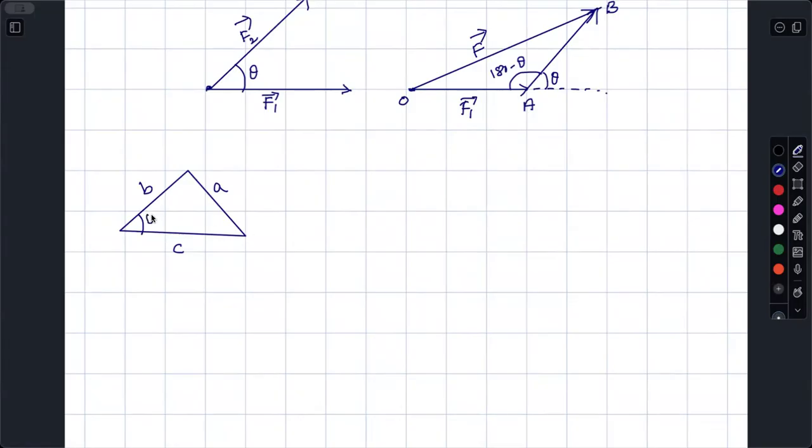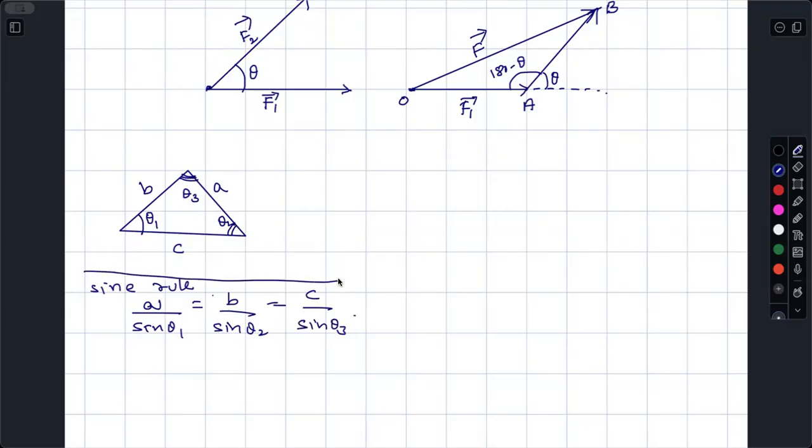A opposite angle is theta 1. B opposite angle is theta 2. C opposite angle is theta 3. Then what is the sine rule in mathematics? Sine rule. You will have A by sine theta 1 is equal to B by sine theta 2 is equal to C by sine theta 3.